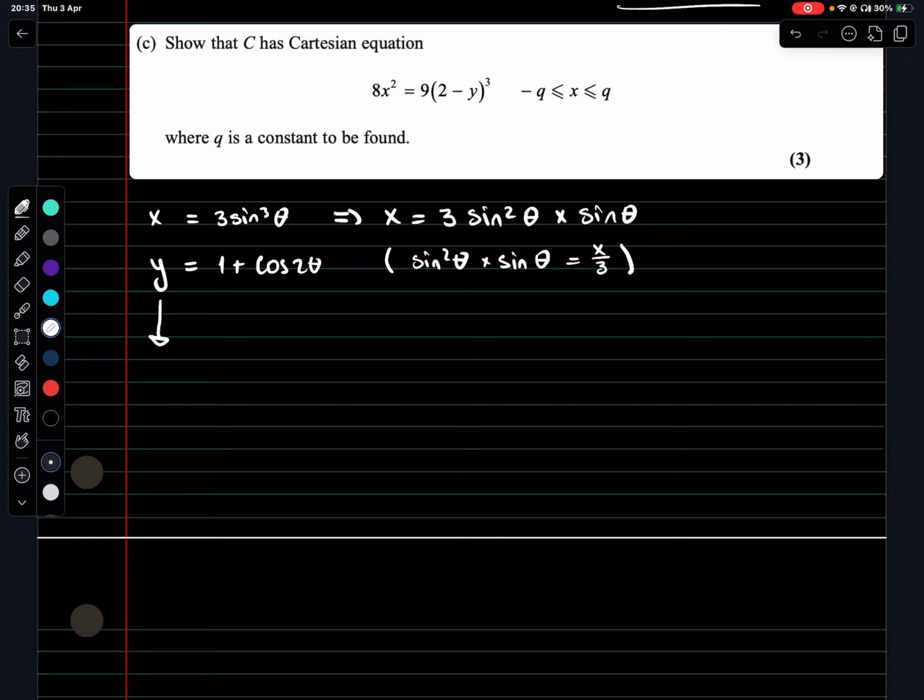I can write y as 1 plus, instead of cosine 2 theta, I want to write 1 minus 2 sine squared theta. So everything I'm writing here is from P3, these identities and so on. So that's basically y equals 2 minus 2 sine squared theta.